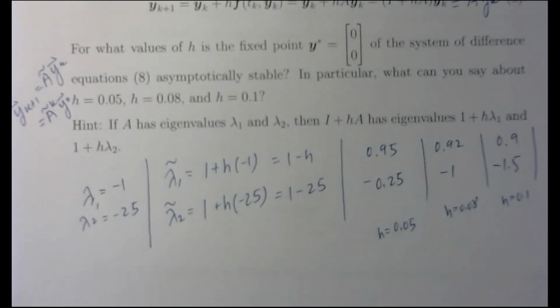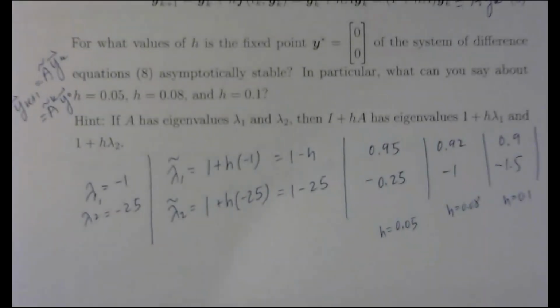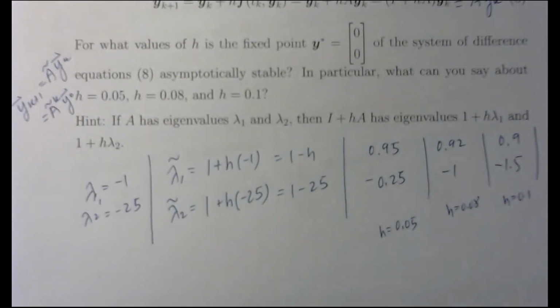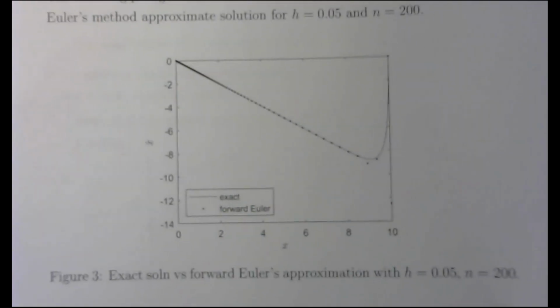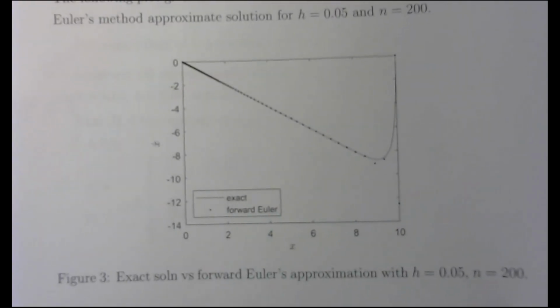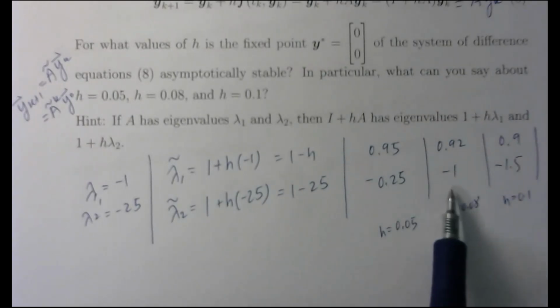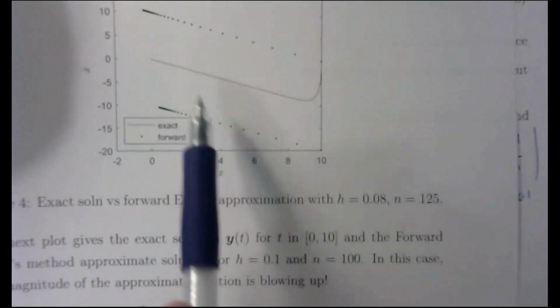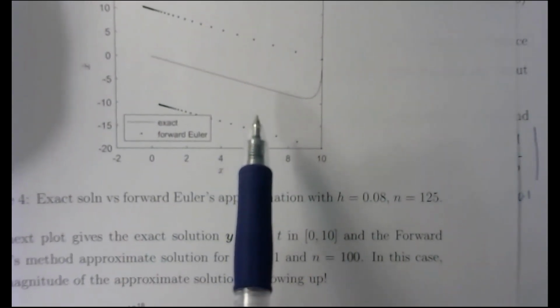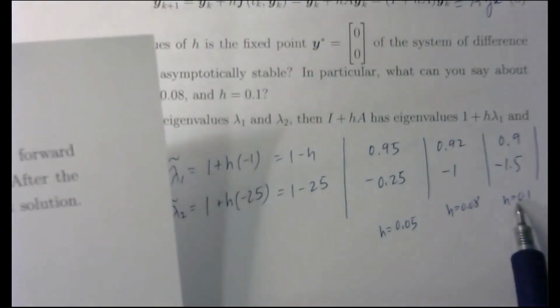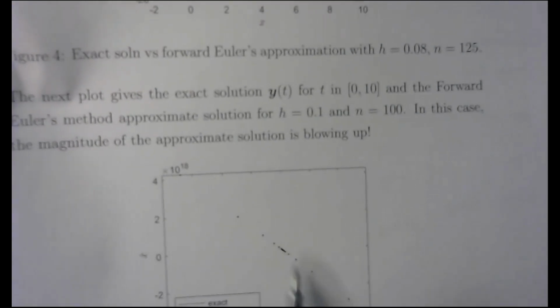Actually, if I look back at my plots from earlier, when it was minus 0.25, I got a plot like this, which was stable, fine, no problem. When I had an eigenvalue of -1, I was not stable, but I wasn't going to infinity. But I certainly wasn't converging. And when h was 0.1, I went to infinity, right?